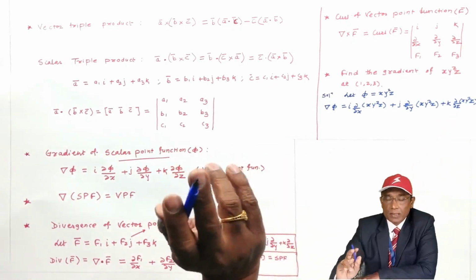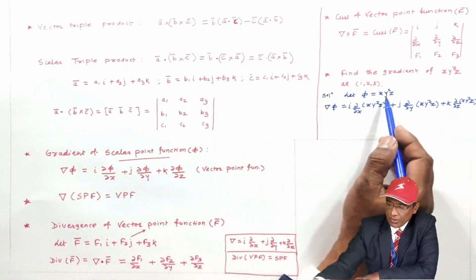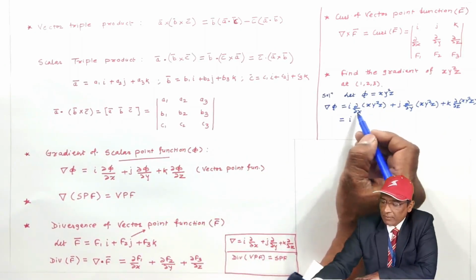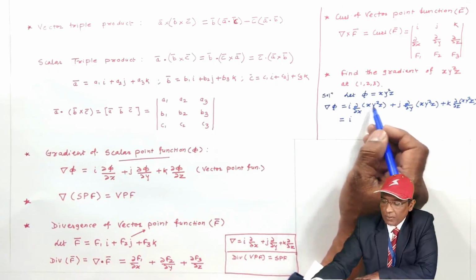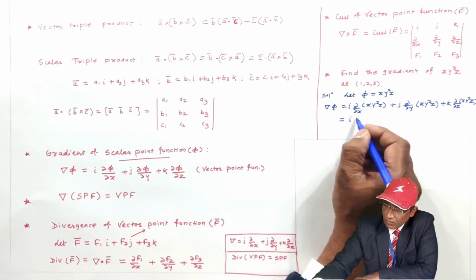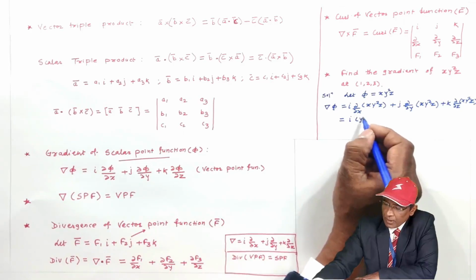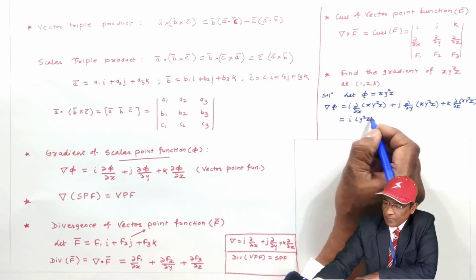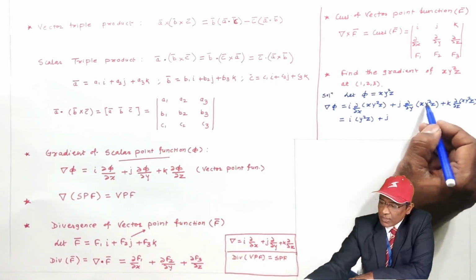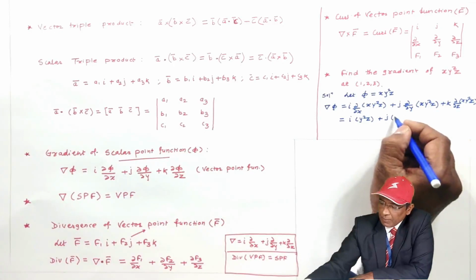It means we are finding the gradient of this scalar point function. Now take partial derivatives very carefully. Derivative with respect to x keeping y and z constant: derivative of x with respect to x is 1 and y square z is a multiplicative constant. j: derivative of x y square z, where x and z are multiplicative constants.